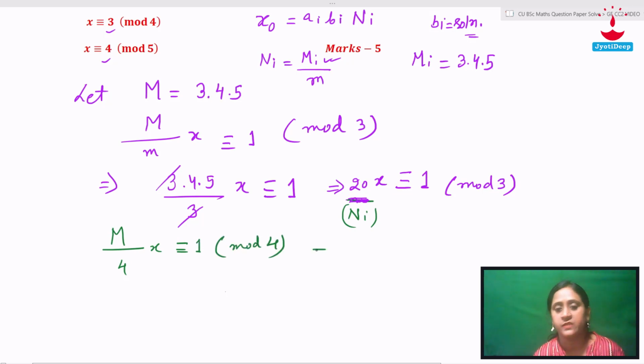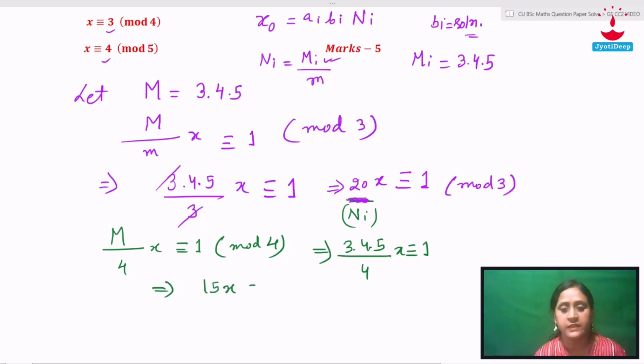So this implies 3 into 4 into 5 divided by 4x is congruent to 1, which implies 15x is congruent to 1 under mod 4.